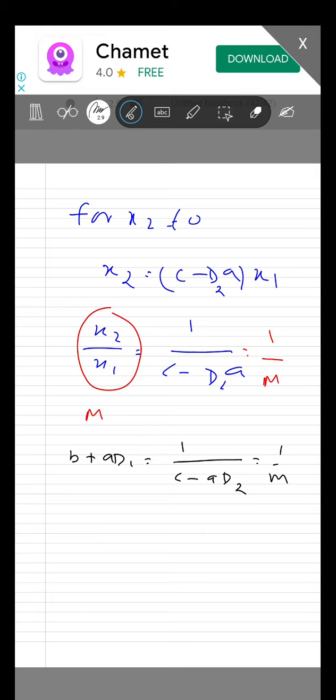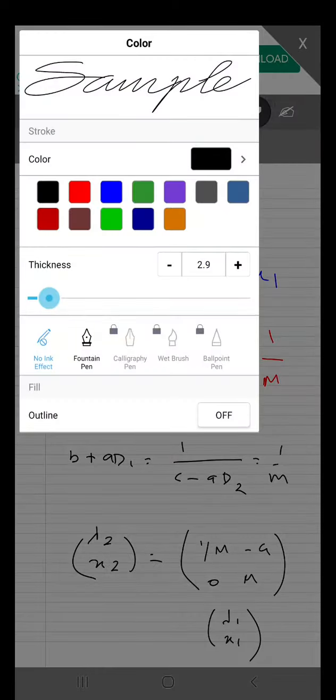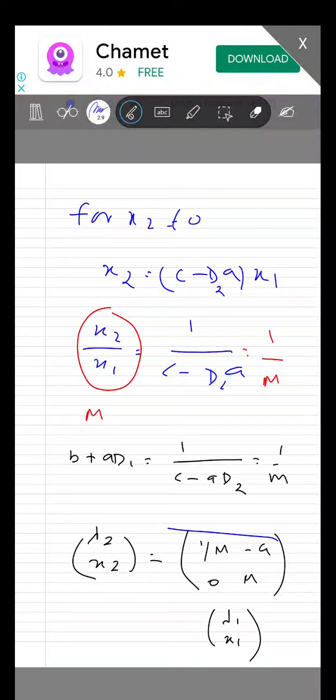So we get ultimately the matrix equation as x2 lambda 2 is equal to 1 by m, minus a, 0, m, into lambda 1 x1. So this is actually the system matrix, where m is the magnification.